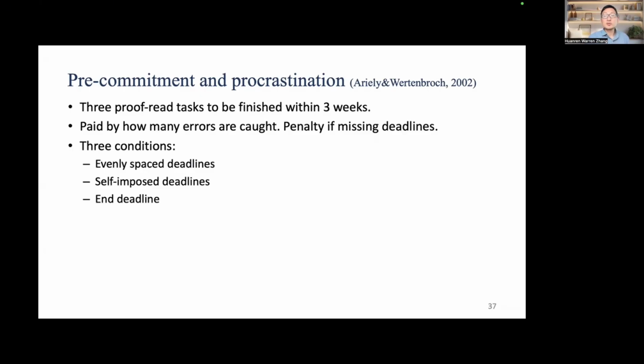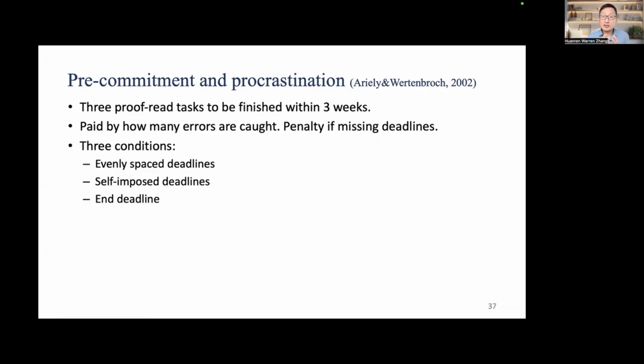If you assume people are rational, you would probably imagine that having only one final deadline gives you the most flexibility. You can decide how many to finish and how to progress, and you can have better time management so that these tasks would not seriously interfere with your other tasks or your life.